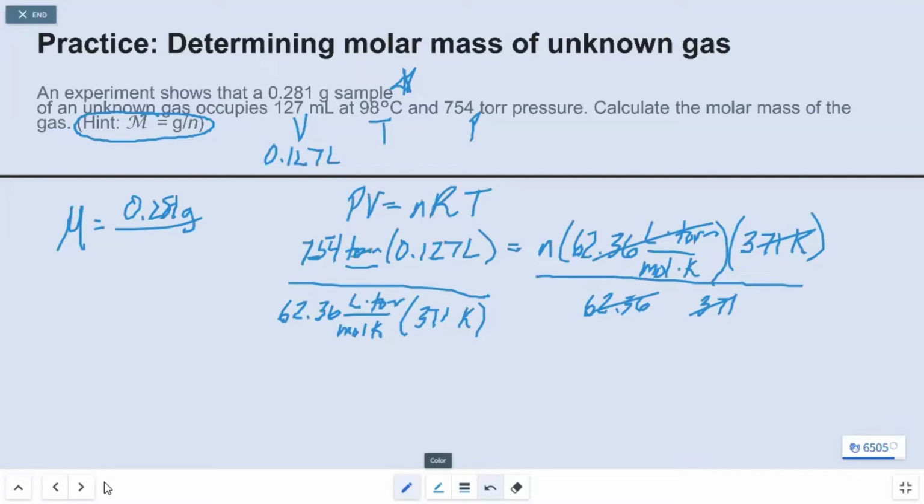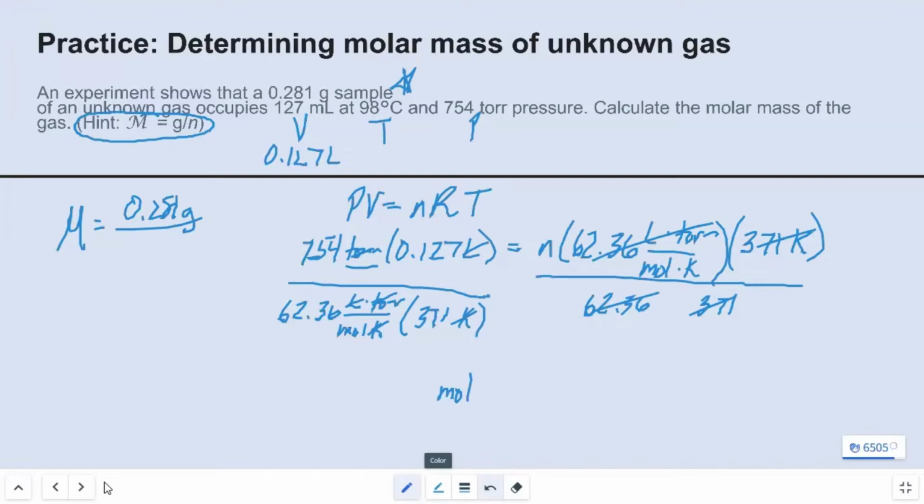When we do that, torr get canceled, liters get canceled, Kelvin get canceled. I have 1 over the reciprocal of moles, so I'm going to have moles as the unit.